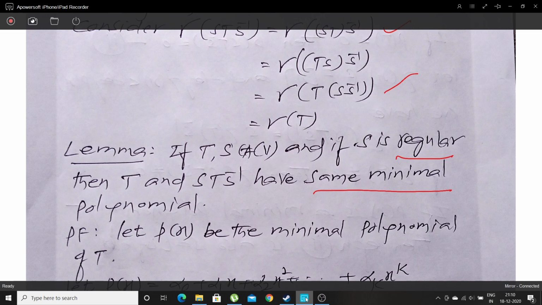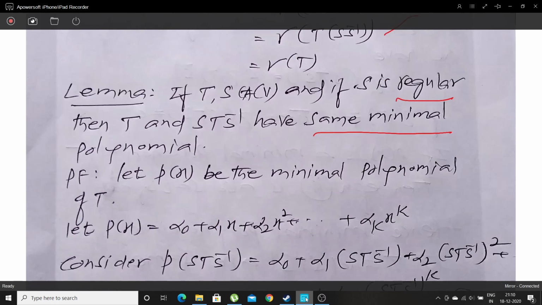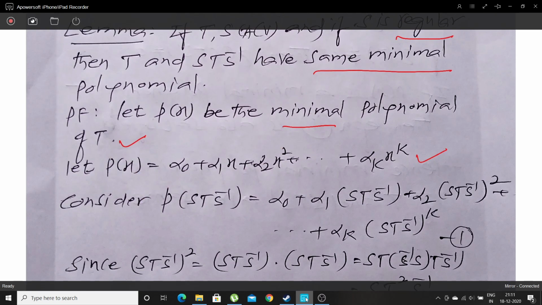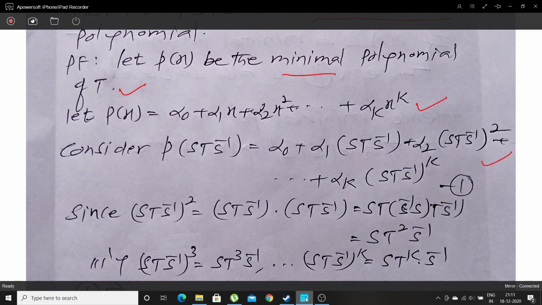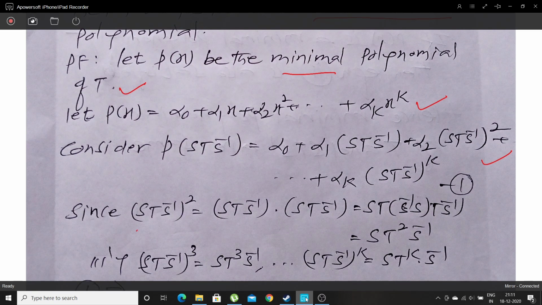Let P of x be a minimal polynomial of an element T. P of x is a polynomial of degree K. Since we have STS inverse, replace x by STS inverse. STS inverse can be rewritten as a product of these two.